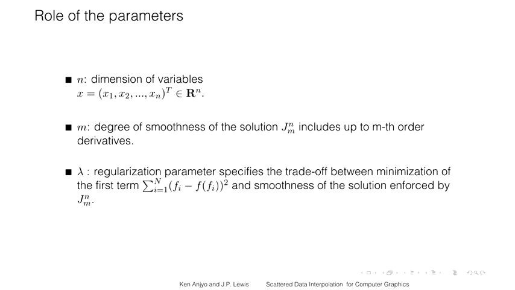And lambda is just a regularization parameter which specifies the trade-off between minimization of the first term and the smoothness of the solution described by the second term. So lambda is very important for practical use.